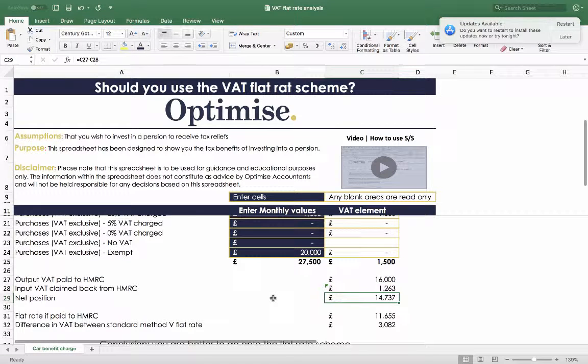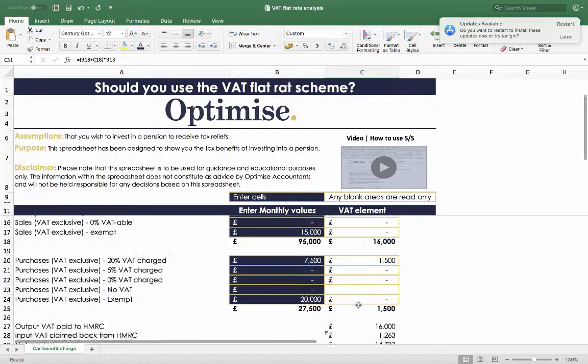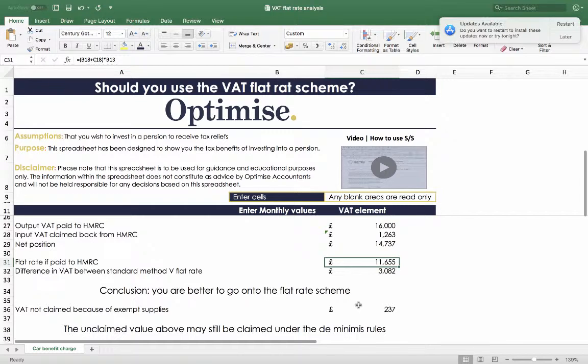So it tells you the net VAT that you would be passing on to HMRC, but if you use a flat rate scheme, all you would be paying is £11,655, which is 10.5% of the total value here. So that's the 95,000 plus 16,000 for VAT flat rate purposes.